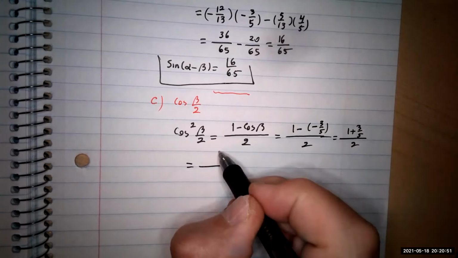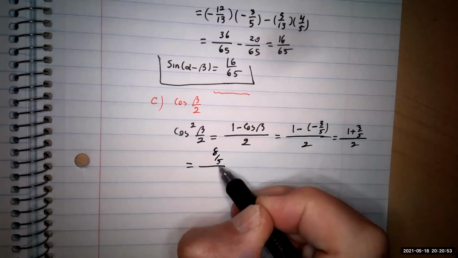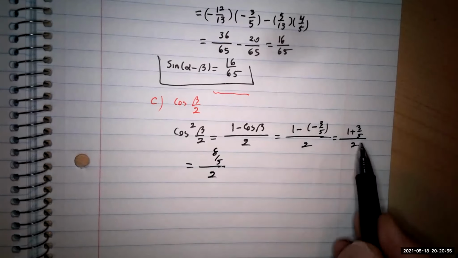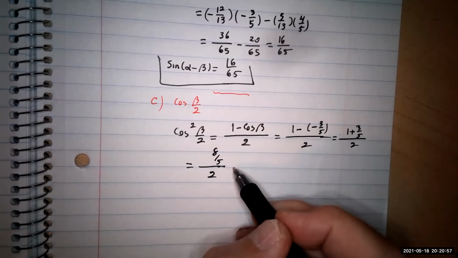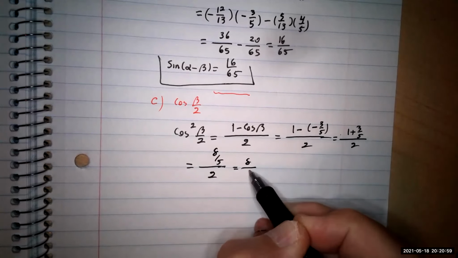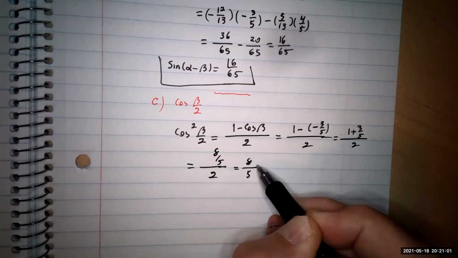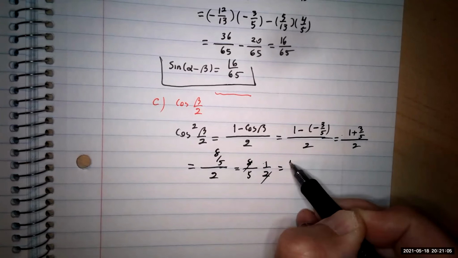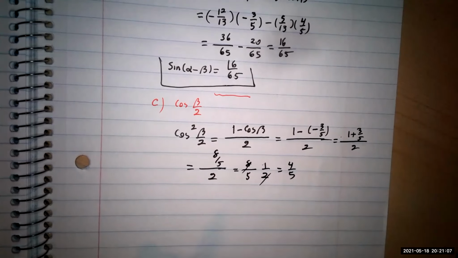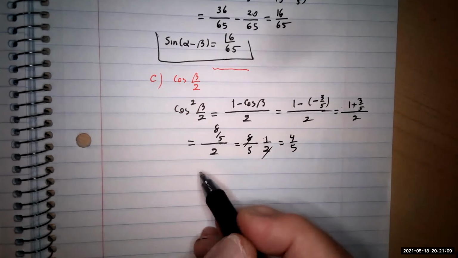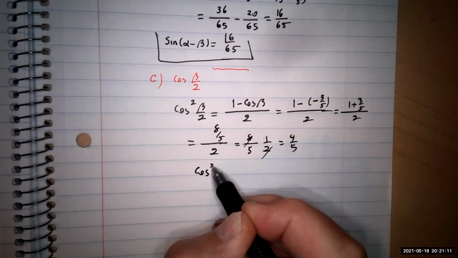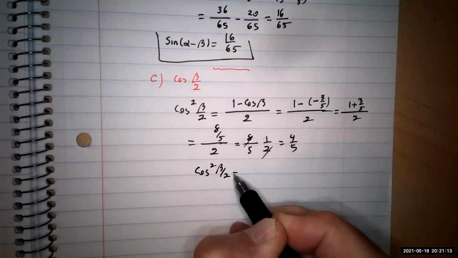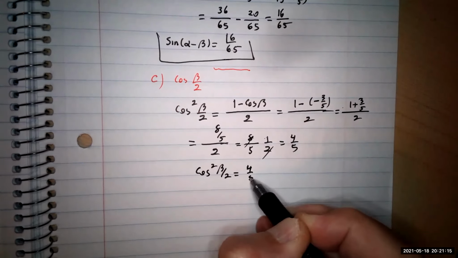On the top we have 8/5 divided by 2, so it's 8/5 times the reciprocal, which is a half. You simplify it, and that gives you 4/5. So the cosine squared of beta half is 4/5.